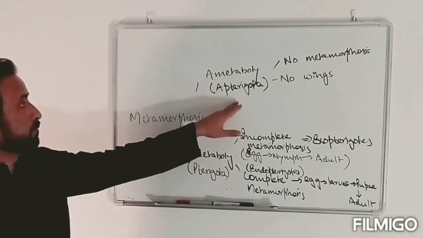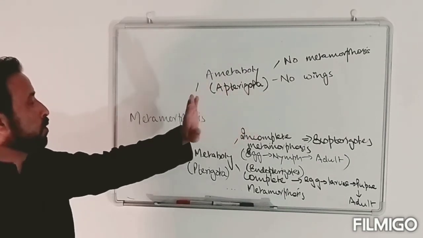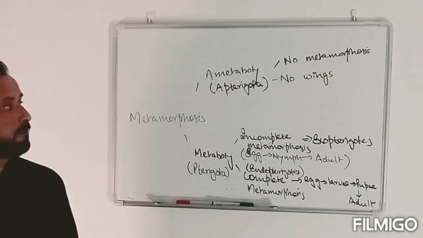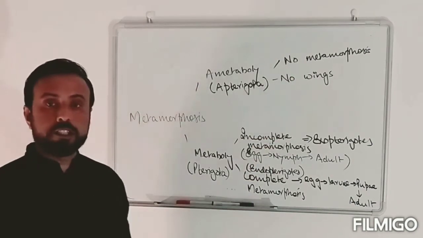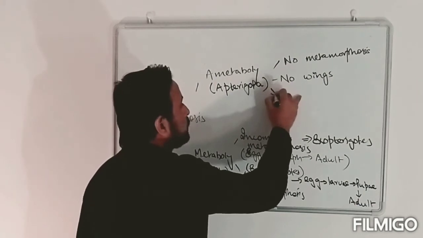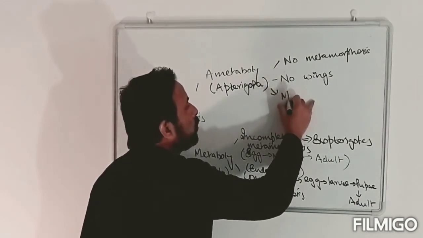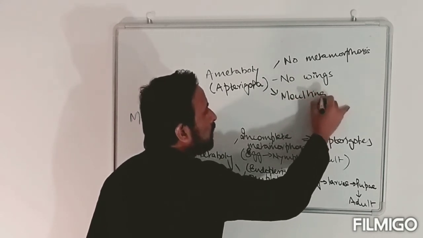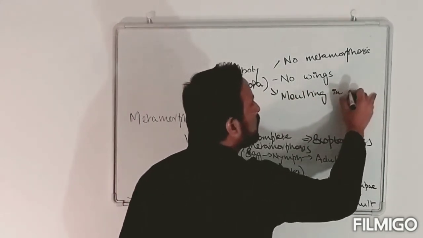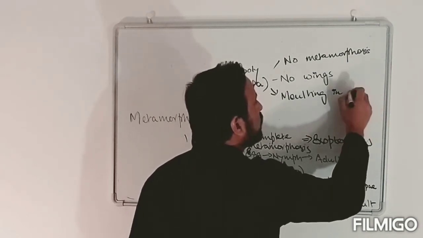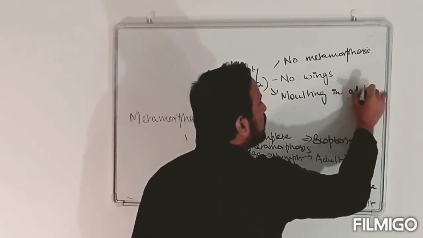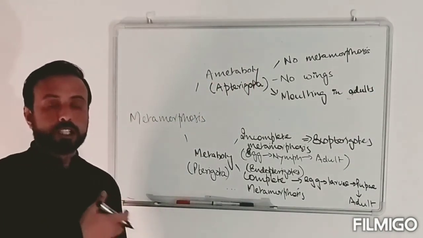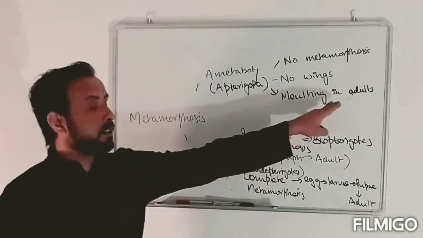Those insects do not have wings and do not show metamorphosis, and apart from that, they show molting in adults also.